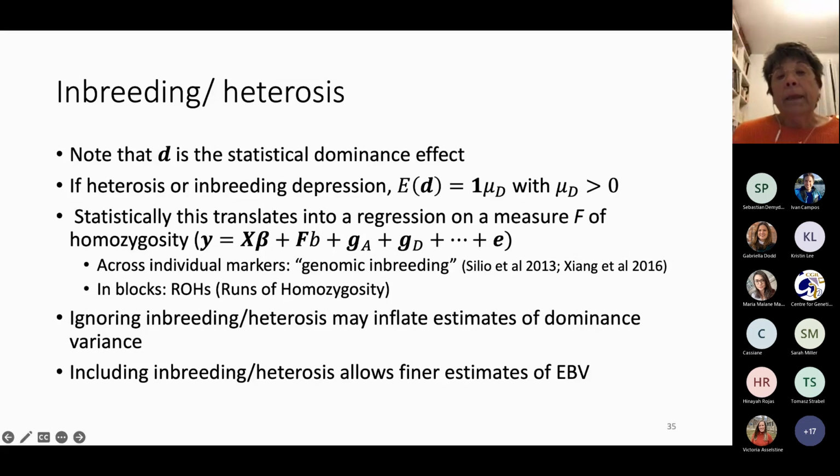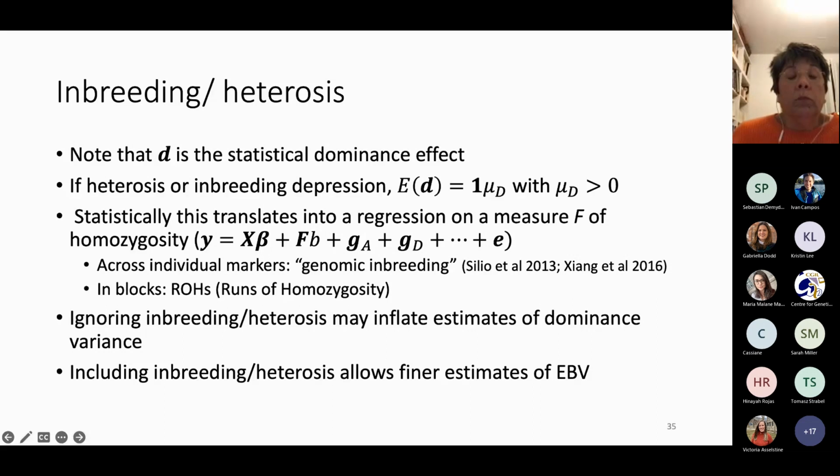And in this case, the mean of the statistical dominant effect is not zero, so we have it greater than zero. Statistically, this translates into a regression on a measure of inbreeding, of homozygosity. So you will have a model with the phenotype, the fixed effects, this measure of homozygosity, and then additive effect, dominant effect, and so on.